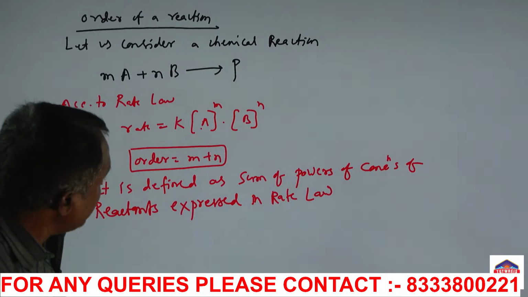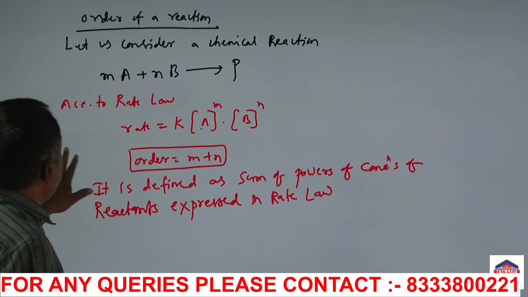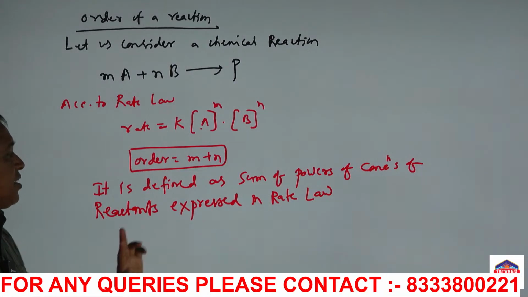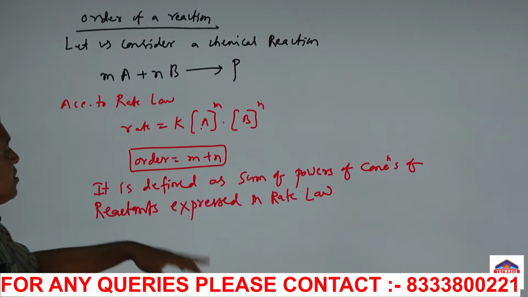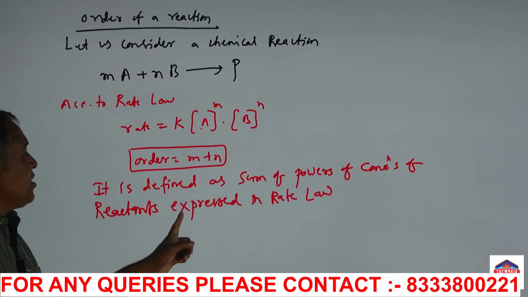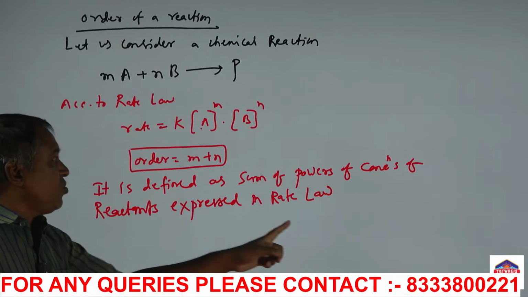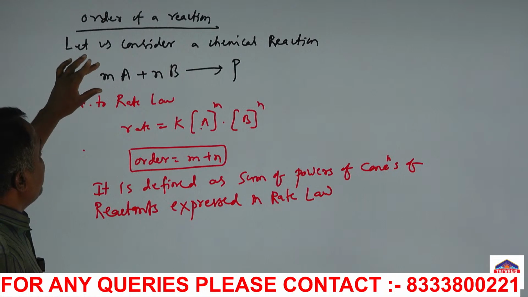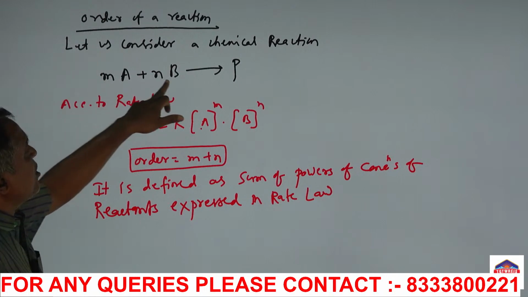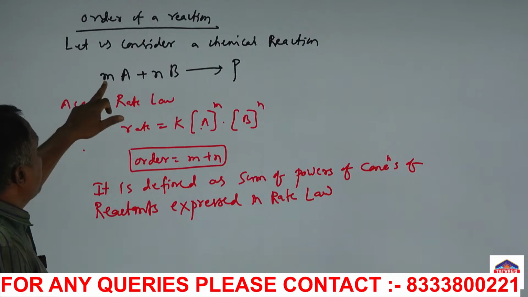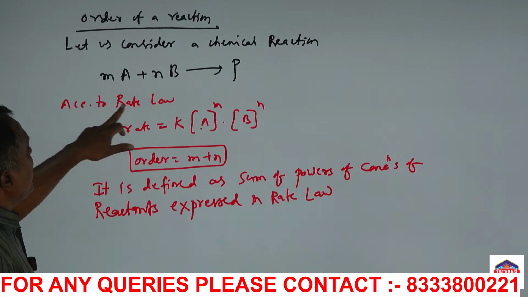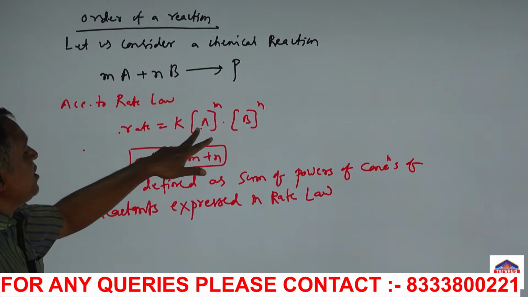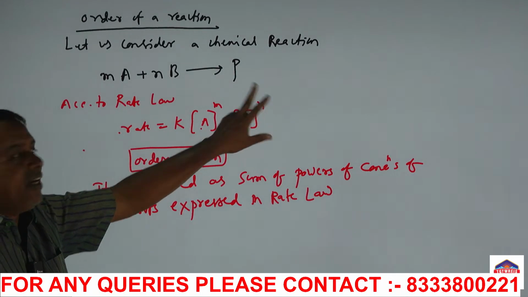So order of a reaction is nothing but what now? It is defined as the sum of powers of concentrations of the reactants expressed in rate law. So you must know what rate law is first. For any chemical reaction, for example, mA plus nB gives product P, you must apply the rate law. According to rate law, rate is equal to a constant k into [A] power m and [B] power n.